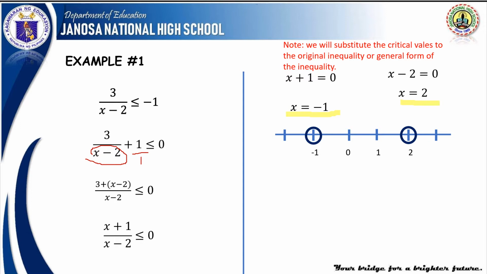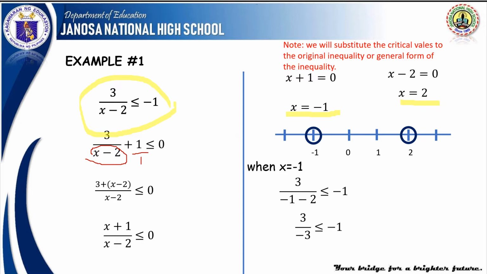Next, we will substitute the critical values into the original inequality. So, when x is equal to negative 1, we will have 3 over negative 1 minus 2 is less than or equal to negative 1.